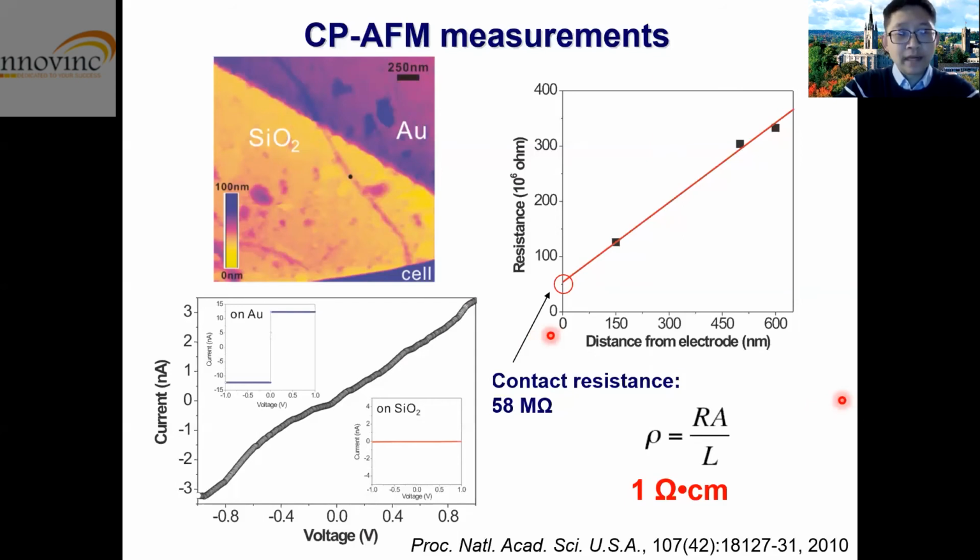Still we get a very similar result, 1 ohm centimeter. So with 2 independent methods, we get the same result, which confirms the resistivity is 1 ohm centimeter. So in this paper, we answered the first question: what's the resistivity along the bacterial nanowire?